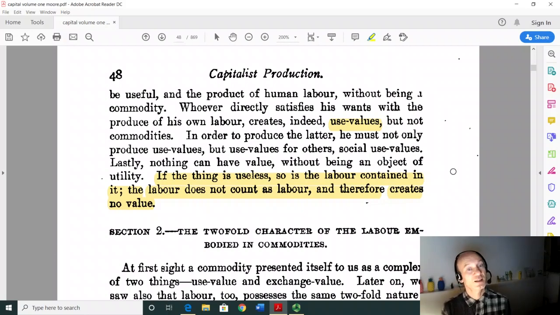Then unfortunately the labor that I have used to make this thing doesn't count as labor and creates no value, because I've basically just wasted my time on something useless. Even though I might think it is useful, and it is perhaps useful for myself, if nobody else thinks it is useful enough to buy it, then it will not be a commodity, and thereby not be a value.